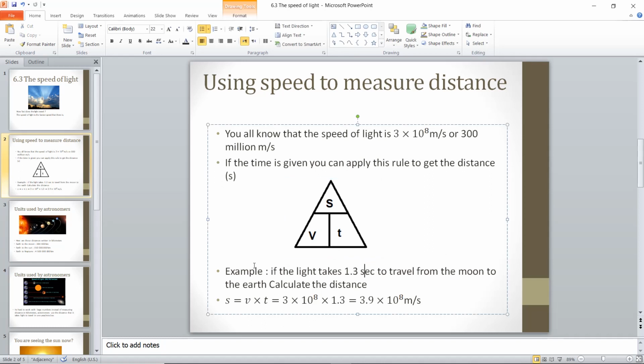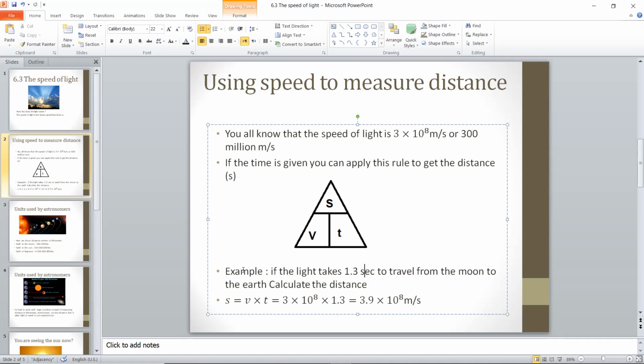Okay. Now, an example as an application: if I want to calculate the distance, and the light takes 1.3 seconds to travel from the moon to the earth. So I want to calculate the distance between the moon and the earth. What should I do?